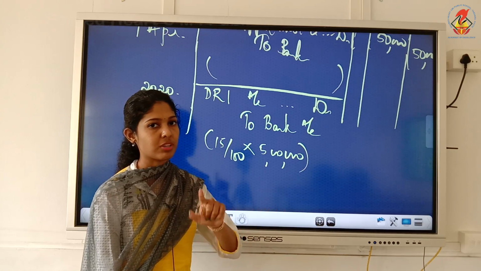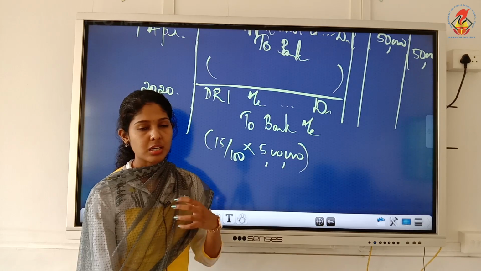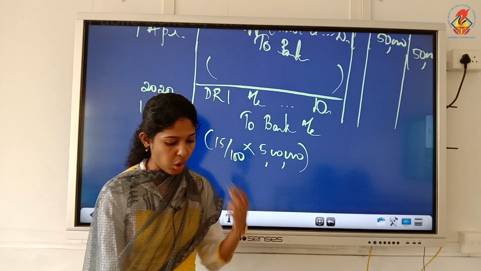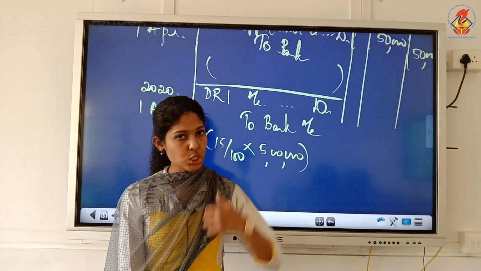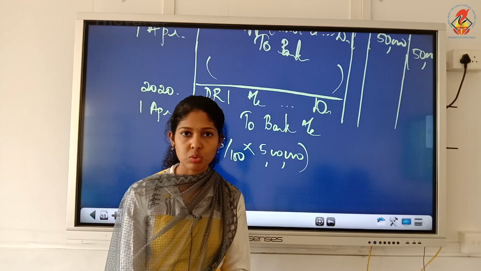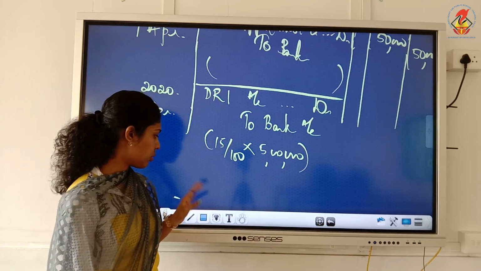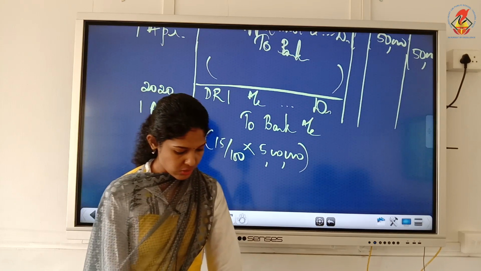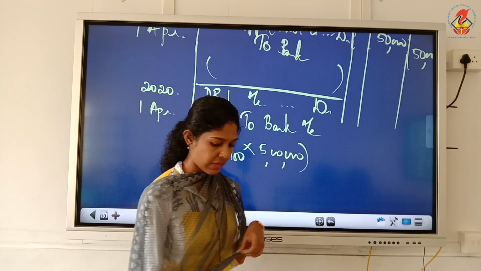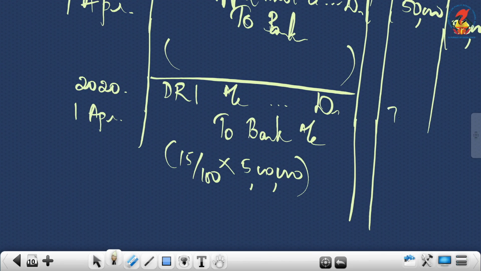You understood? It is 50,000 into 10, that is the issued number. Do not compute on the received applications 55,000, what we issued is only 50,000. On that you should compute and consider the face value always. So 15% of 5 lakhs, which is 75,000. So that is the DRI creation.